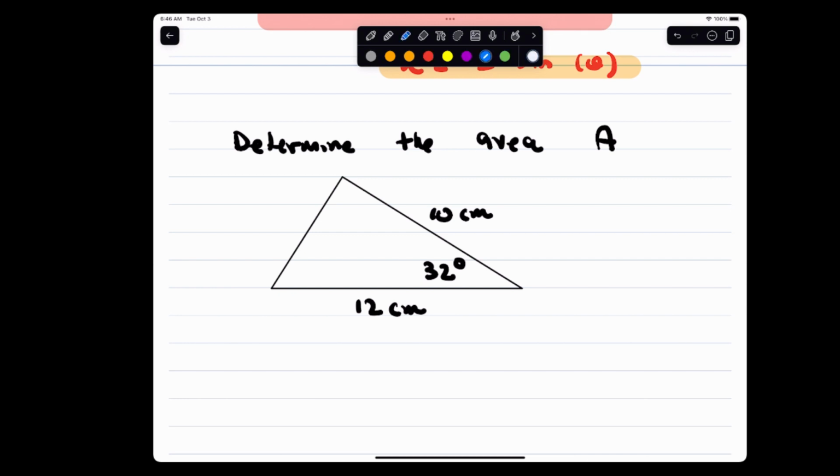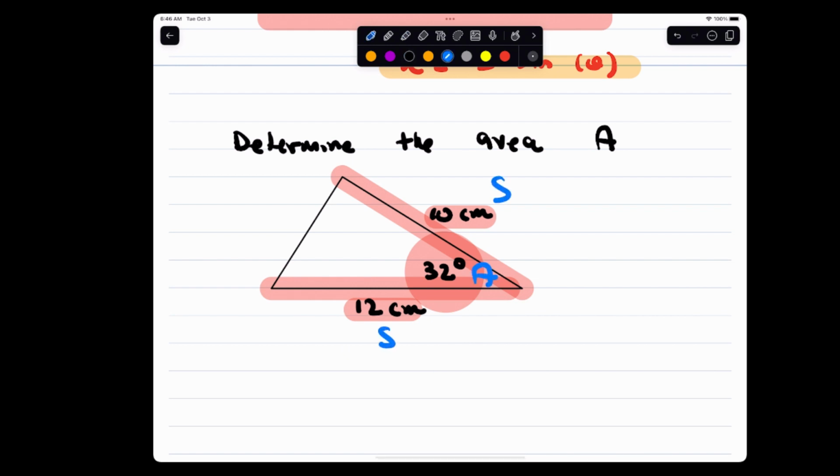So notice you must be given this length and this length and this angle. You have to have that picture. This is known as side angle side for a triangle.